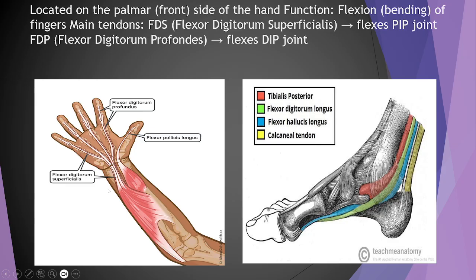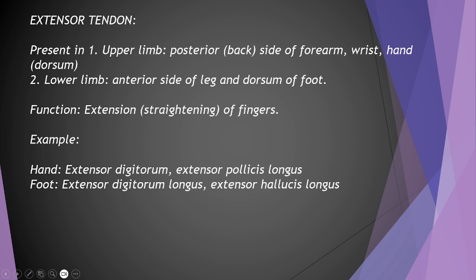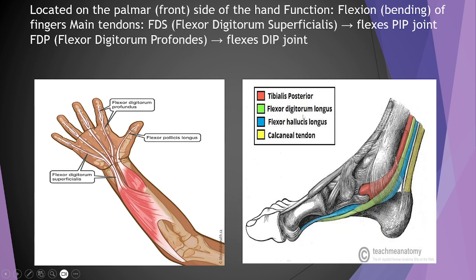For example, open your hand and bend any finger, like your index finger. You feel something here in your wrist area, that is the flexor digitorum superficialis. And if you just bend your finger normally, then it's the flexor digitorum profundus. Similarly, in the leg also, that is flexor digitorum longus and the flexor hallucis longus.